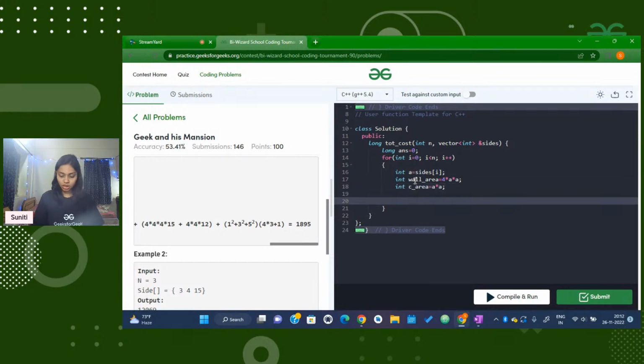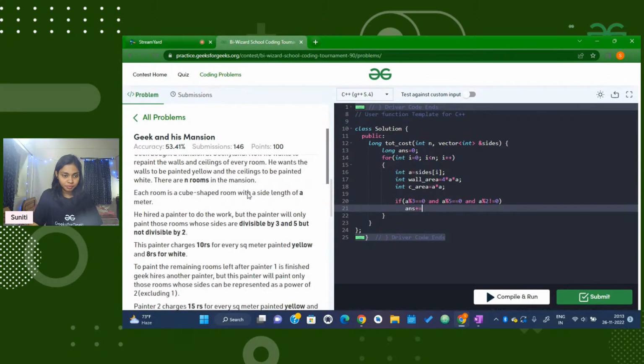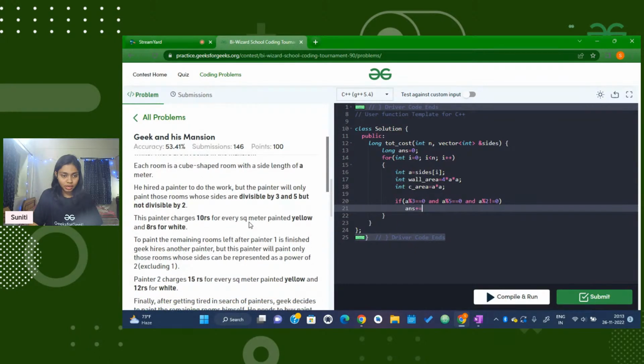Now the conditions that we have: if A modulo 3 is equal to 0 and A modulo 5 is equal to 0 and A modulo 2 is not equal to 0. This is the first condition that we have. So in that case, the amount that Geek is going to pay is 10 rupees for every square meter painted yellow.